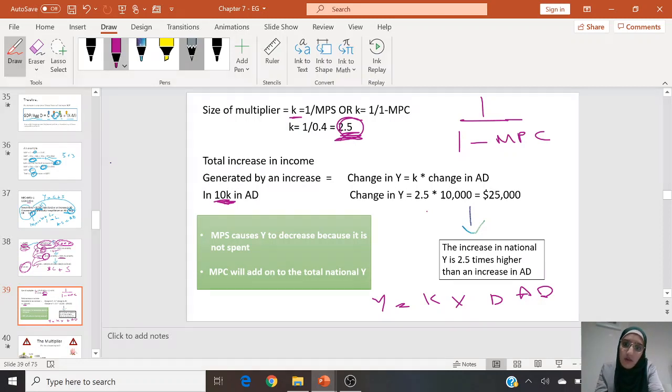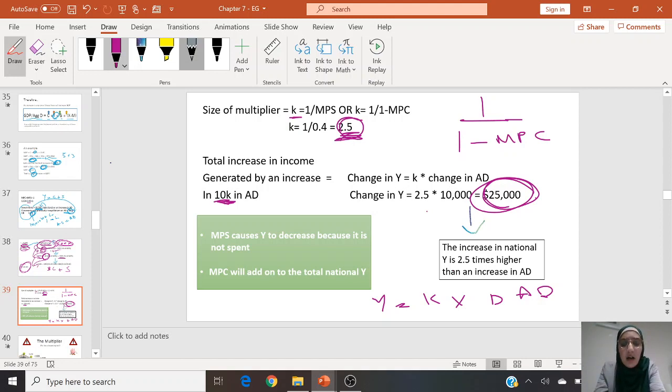So 2.5 times 10,000 is 25,000. The actual increase due to that investment of 10,000 is 25,000. The increase in national income is 2.5 times higher than the initial increase in aggregate demand. Please keep that in mind.